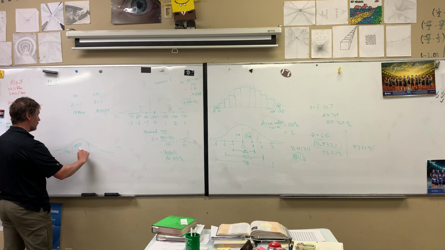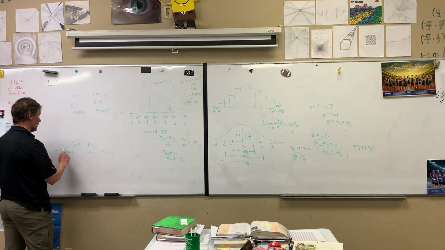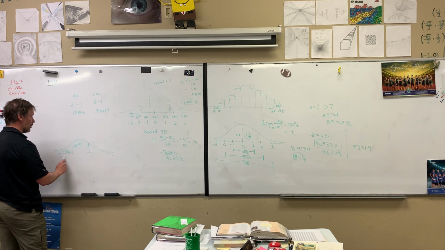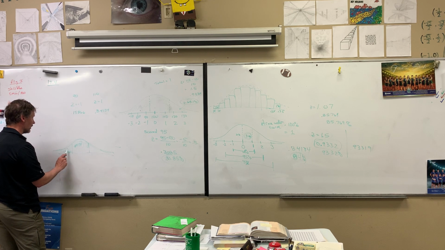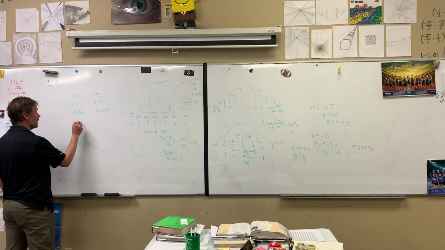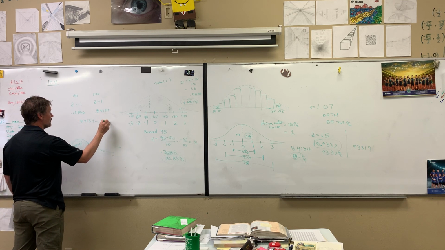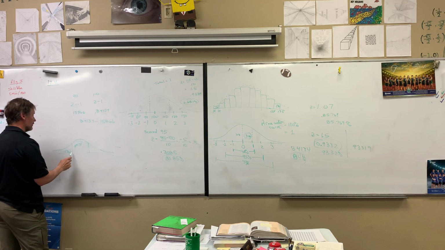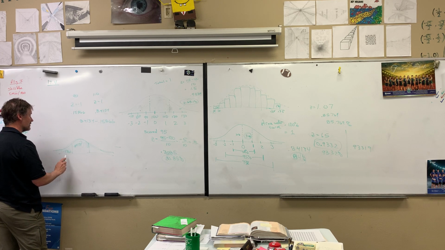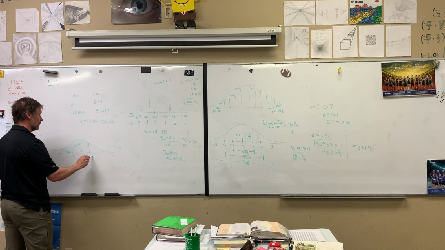So you take the total area leading up to that minus the tail. So 0.84134 minus 0.15866. You take the total area, get rid of the tail, and that gives you how much is between 90 and 110.